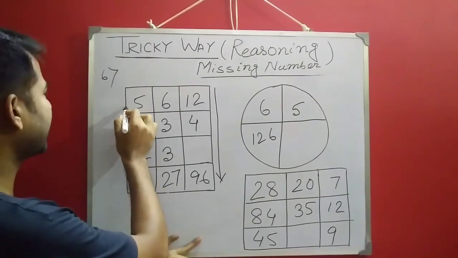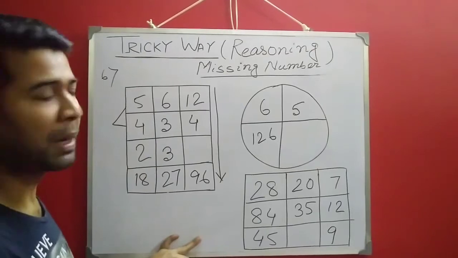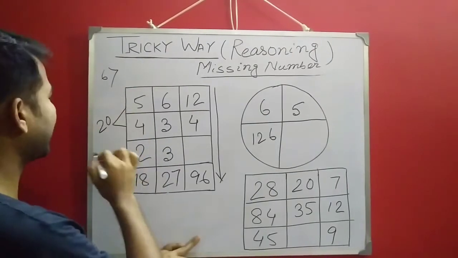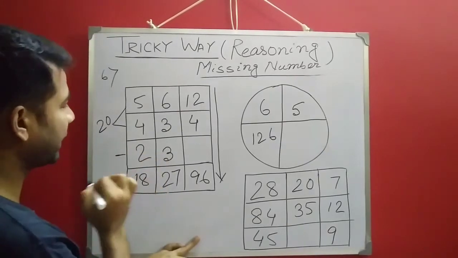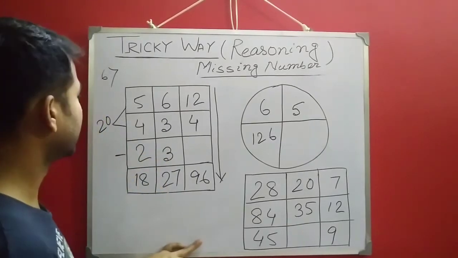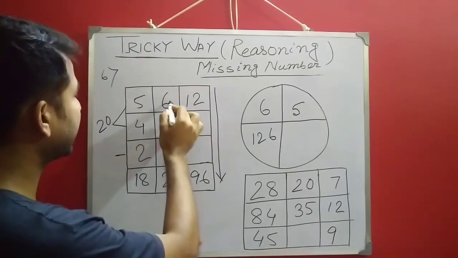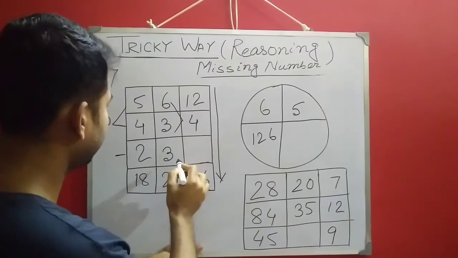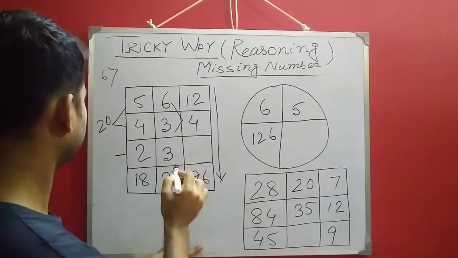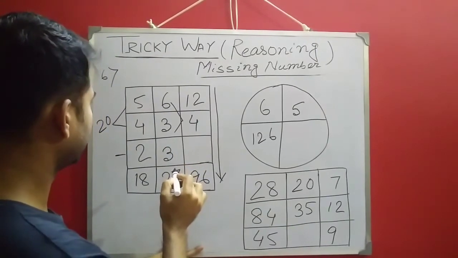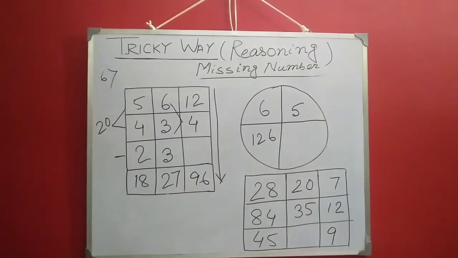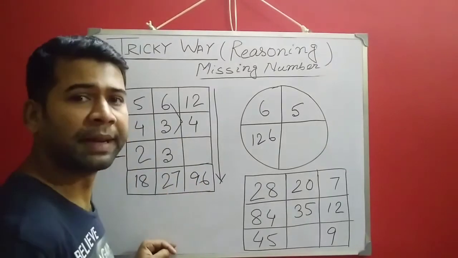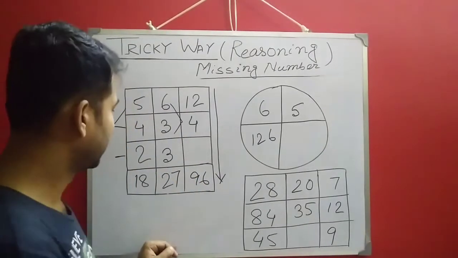We know by multiplying 5 into 4 means 20. 20 minus 2 equals 18. Clear? And similarly, 6 into 3 is 18. 18 minus 3?